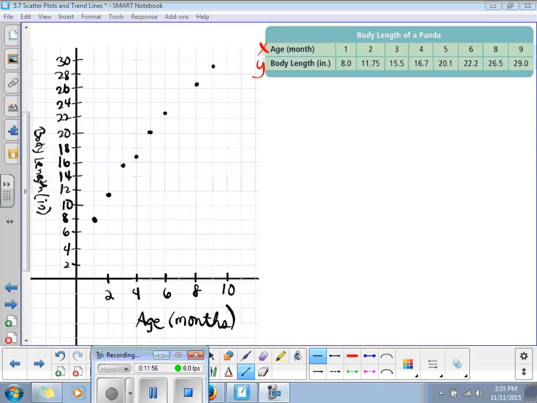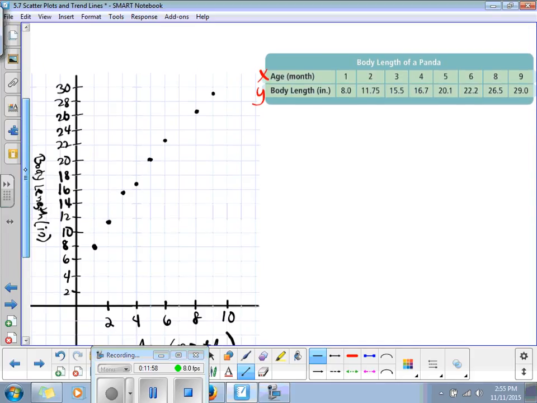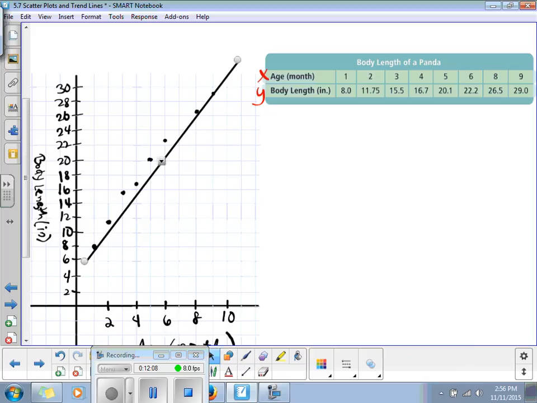All right, so we are going to draw a trend line. Is that a good one? No. That's not a good one, because look, they're all on the top. So would this be a good one? No, because it doesn't follow the trend.